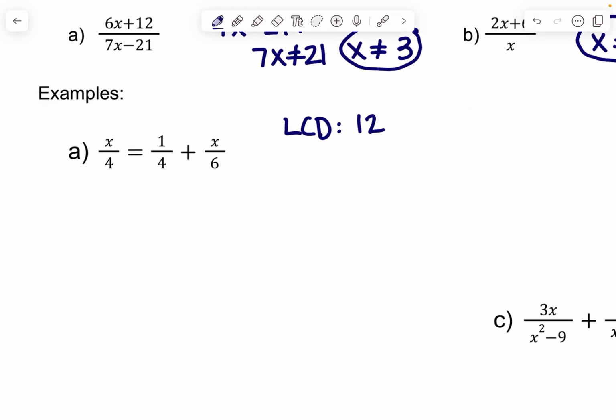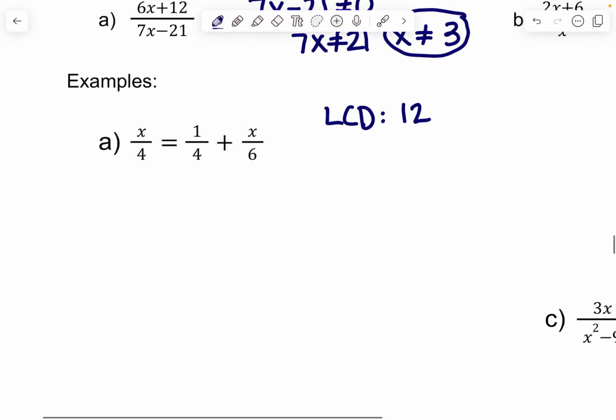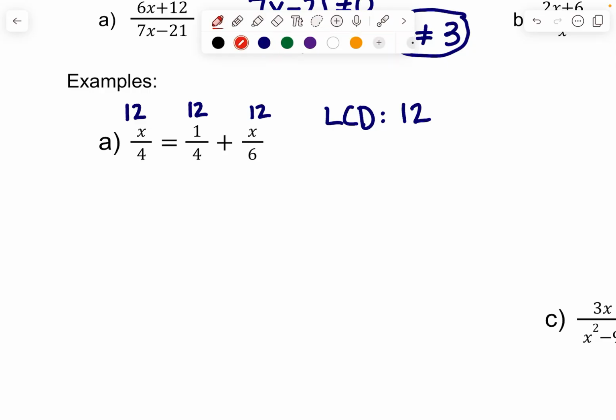And the way that I recommend we solve these is we're going to put a 12 above every term. Then we're going to divide. So 12 divided by 4 is 3. So we're left with 3 times x equals 12 divided by 4 is 3.